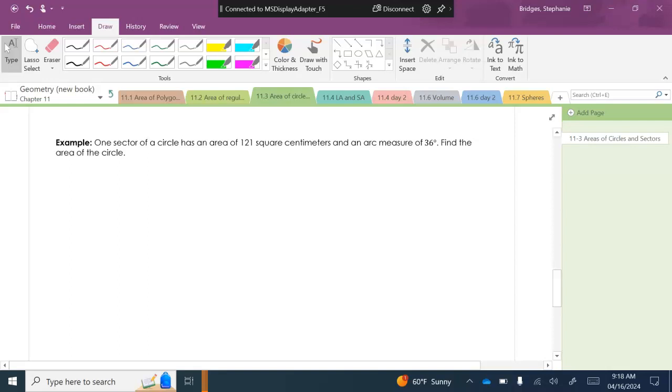It tells me one sector of a circle has an area of 121 square centimeters. Okay, so the area is equal to 121. And then it says the arc measure, which is also the central angle measure, is 36. So in my formula, that's the x. We want to find the area of the circle.